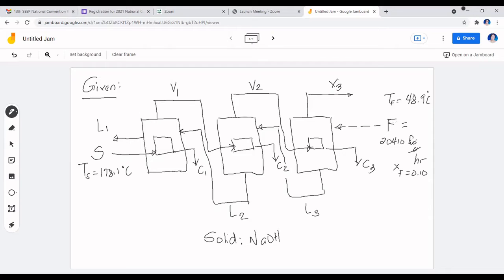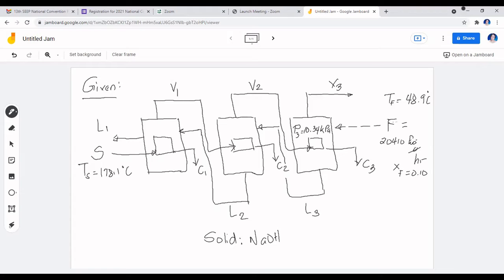And the pressure in the last effect is 10.34. So this is P sub 3. It's referring to the operating pressure of the last effect, and this is 10.34 kilopascal. Okay.